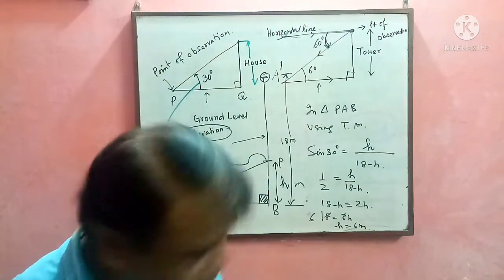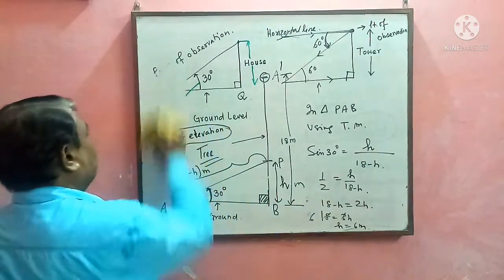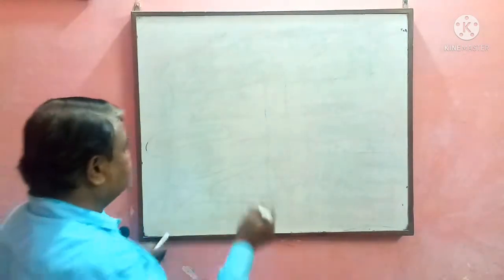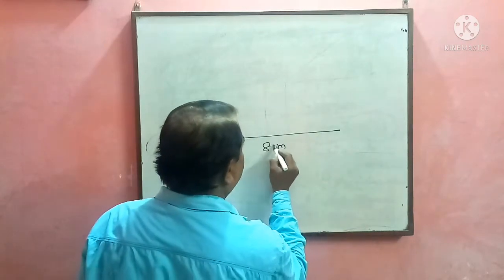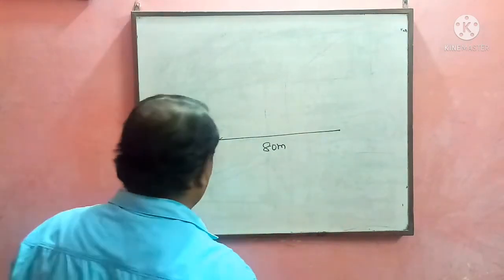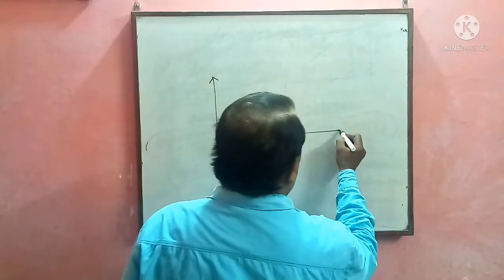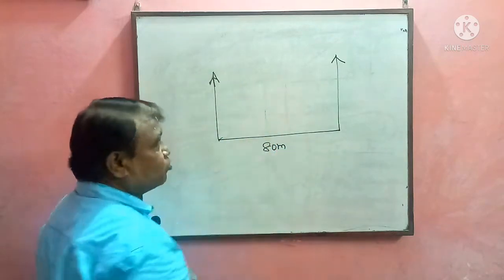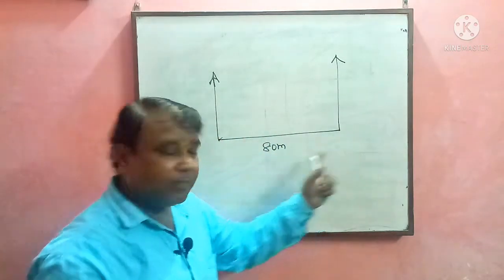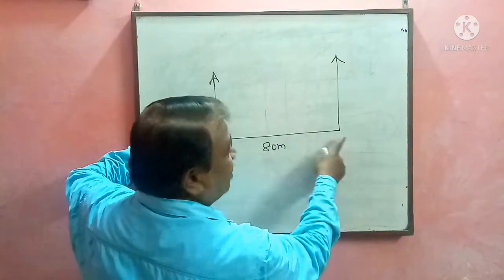Like, for instance, this is the problem, I will just try to solve those problems. You see a road 80 meter broad and two poles or two houses of same height. What is given? Two buildings of same height standing just 80 meter apart.